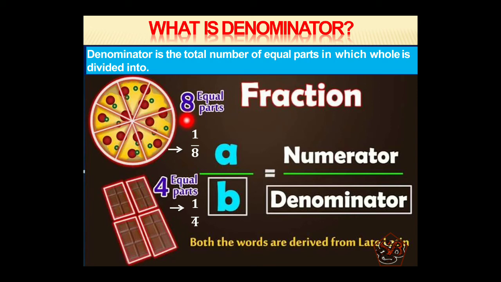That is the total parts. This entire chocolate has been divided into 4 equal parts. So, the denominator is 4. Remember, fraction is always possible when something is divided into equal parts. In unequal parts, we cannot write the fractions.